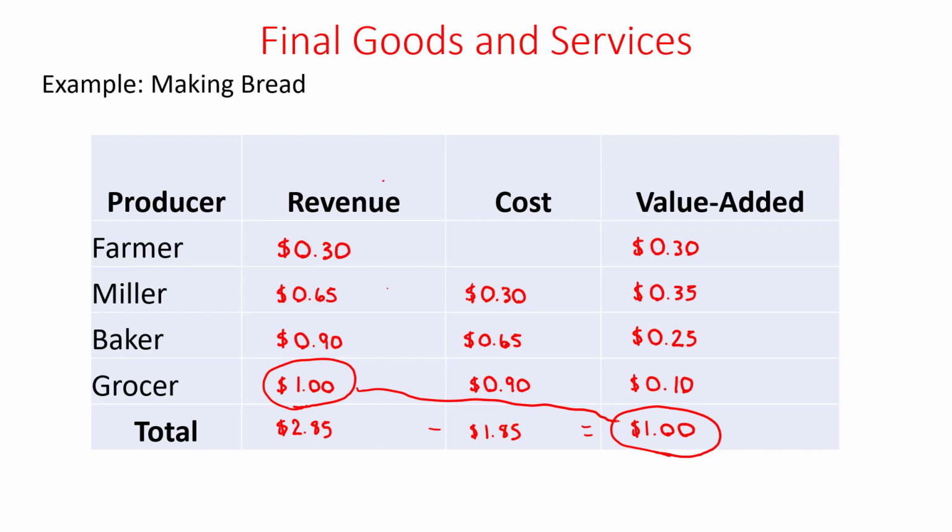But if we stop at the loaf of bread and somebody consumes and eats that, then again, that loaf of bread becomes a final good or service. And so that's what gets added to GDP. So again, hopefully that makes sense. Make sure that you understand that it is the final goods and services that are being added to GDP, not the intermediate goods or services along the way, because then you're going to end up double counting those goods or services. So let's go ahead and keep on rocking here, moving forward.